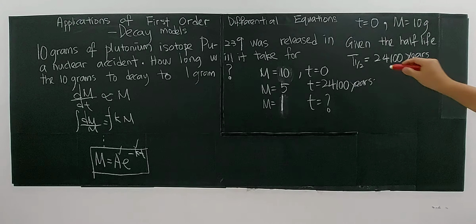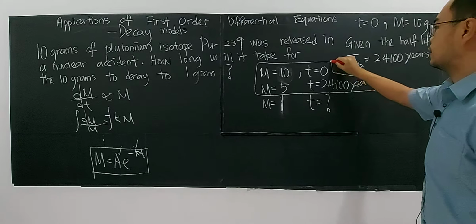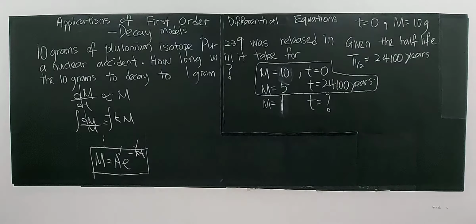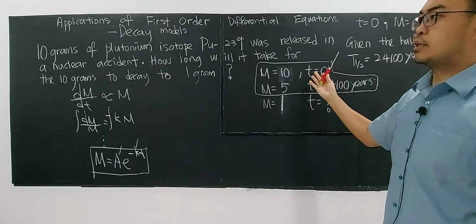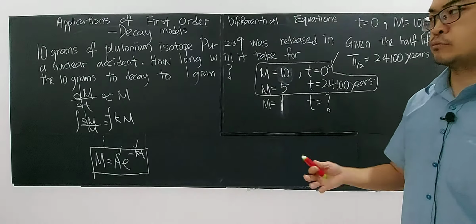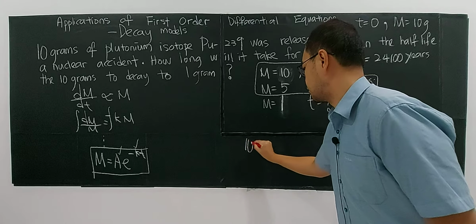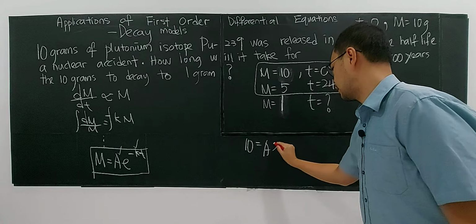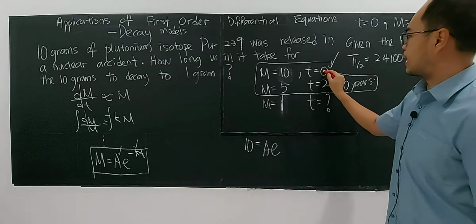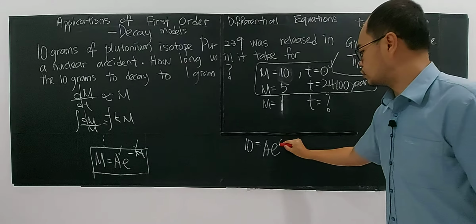So we use the first two pieces of information to calculate the constants A and k. Let's start with the first. Initially there is only 10 gram released in the accident. So M is 10, A is a constant we don't know, e to the negative k, the time is 0, so we substitute t with 0, so it becomes e to the power of 0.